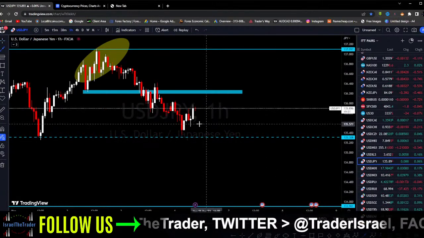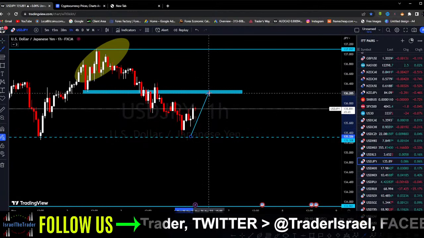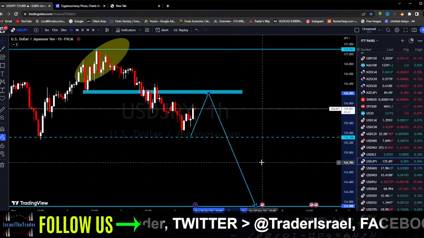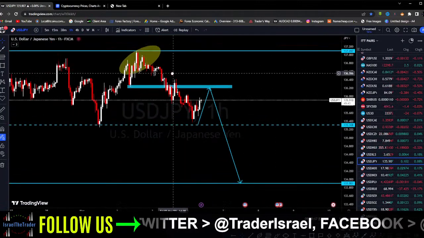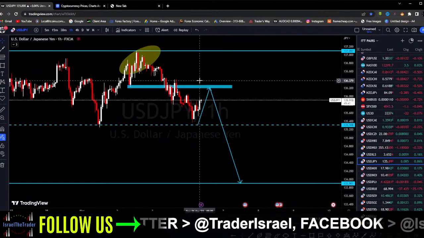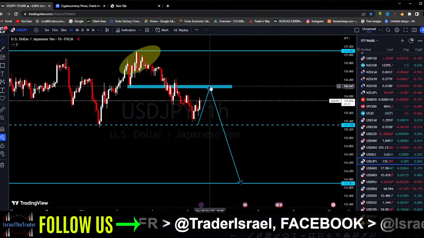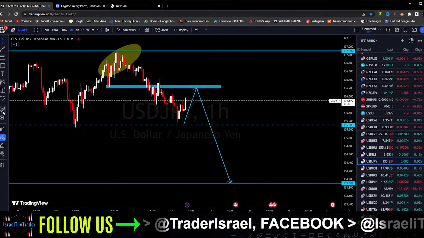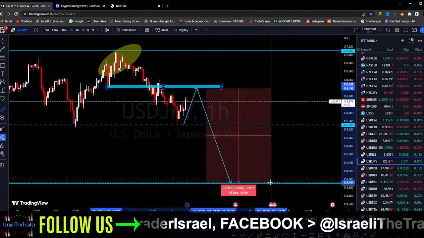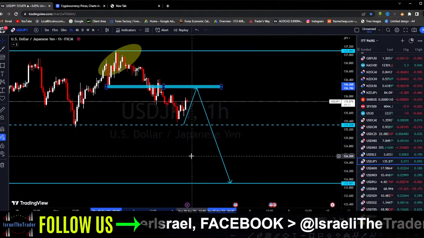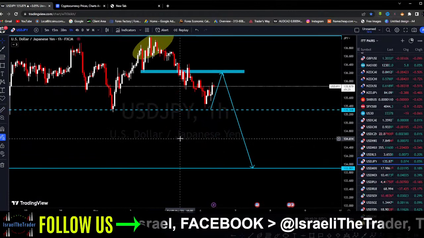So we can wait for it to come to this point before we see it go down. This level can be our resistance level, before we see the market push to the downside. And this is going to be for like 226 pips, or let's say 200 pips.